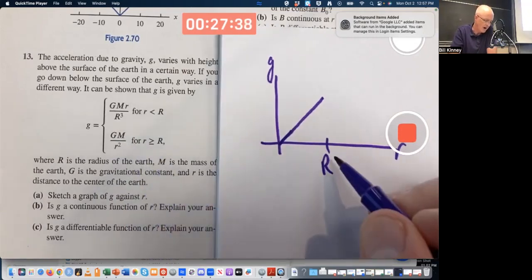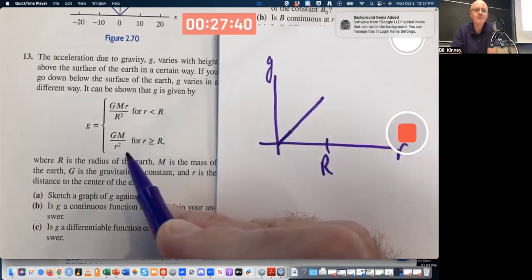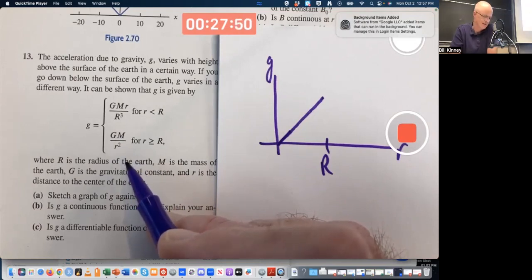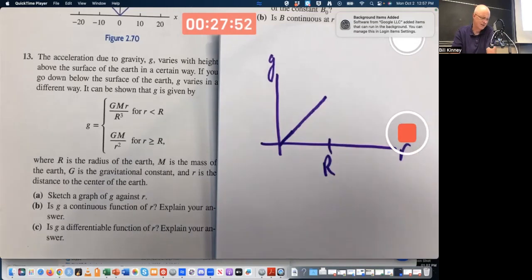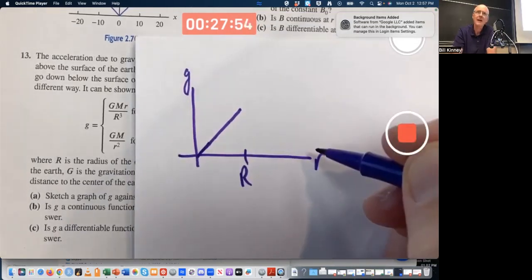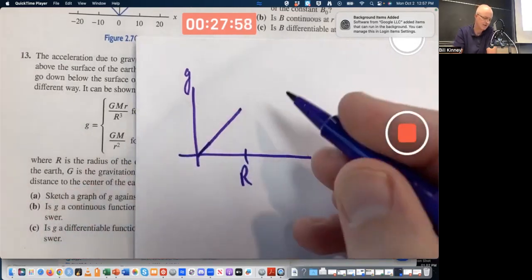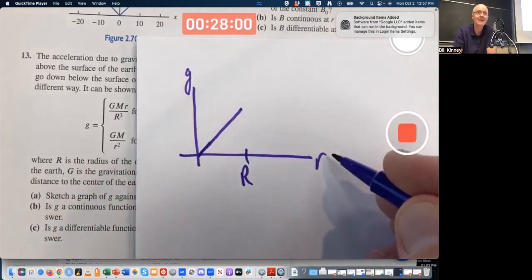Once you get to capital R, though, then this has an r squared in the bottom of the fraction. It's no longer linear. It's a constant over r squared. The graph's got to be decreasing over here. And not along a straight line. Graphing something over x squared gives you graphs that look like that.